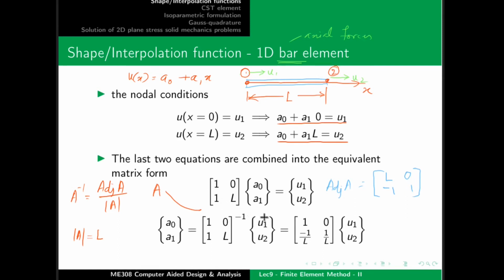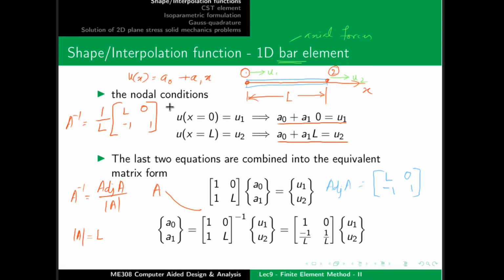Since it is a 2 by 2 matrix, we can easily find it like this, but if you have a higher order matrix, like a 3 by 3 matrix, you will have to do all these things manually. Then you have to calculate the adjoint. So A inverse becomes 1 by L times L 0 minus 1 1.